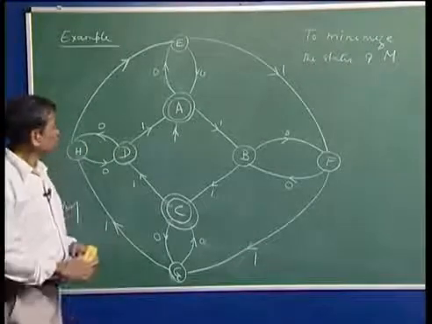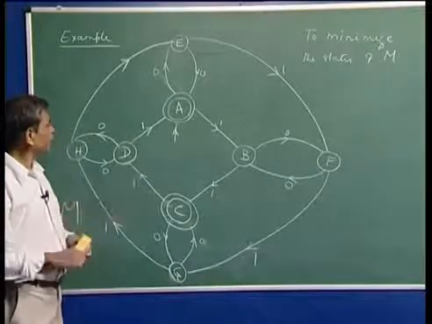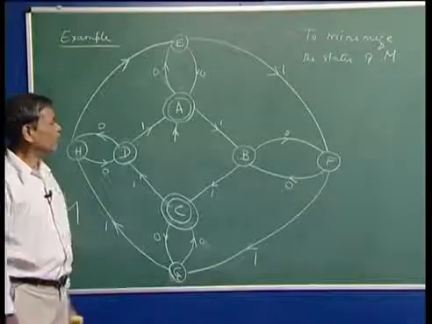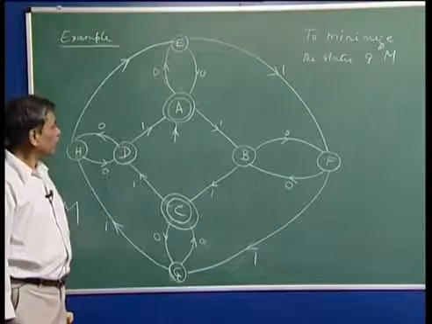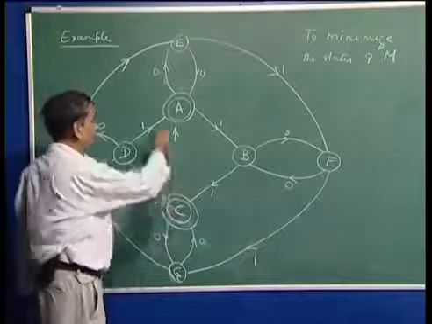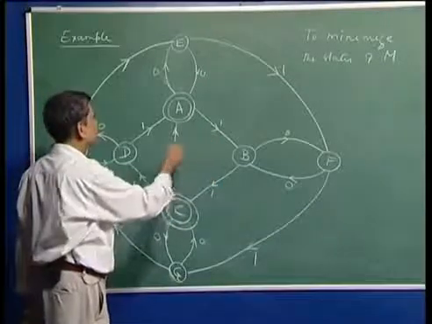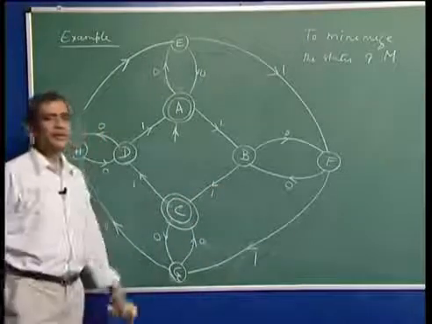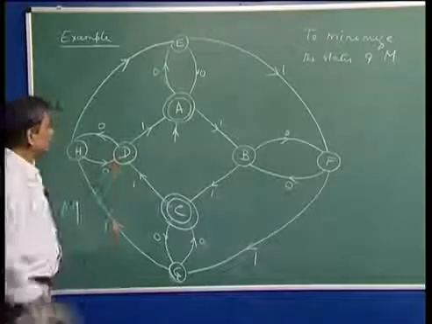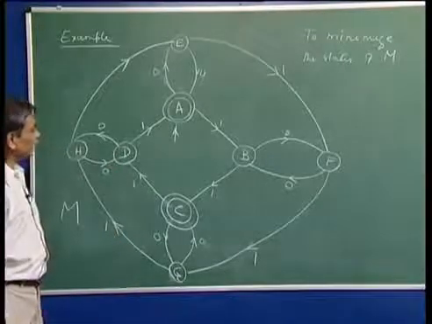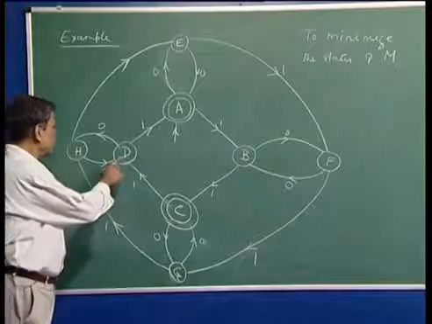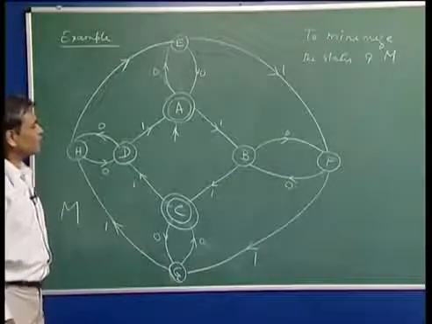Now, what is this machine trying to remember? I can see that this machine is trying to remember the number of ones modulo 4, right? For example, if the total number of ones the machine has seen in an input so far, and it is in this state, you should be able to see that when you divide that number by 4, the remainder will be 3.